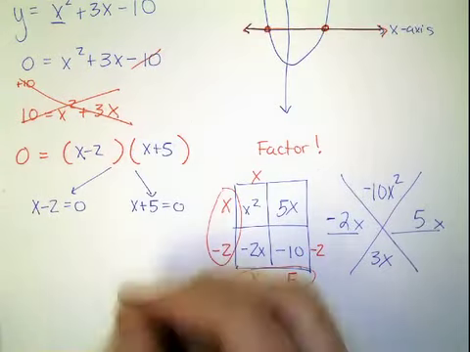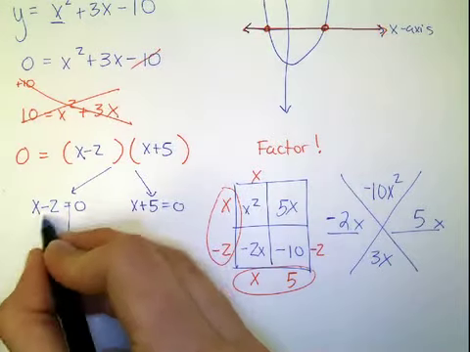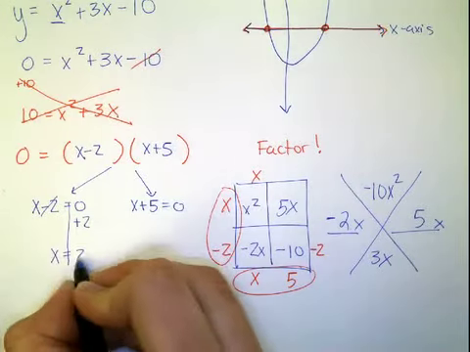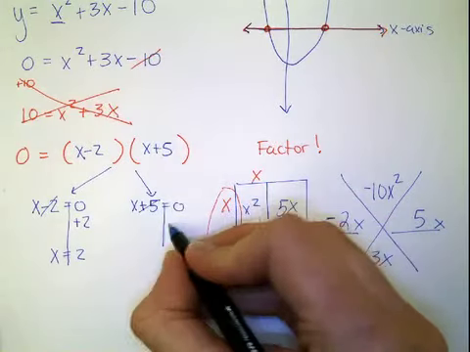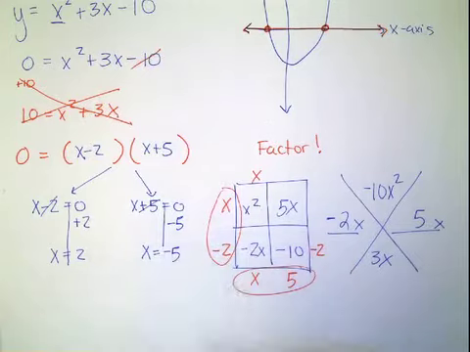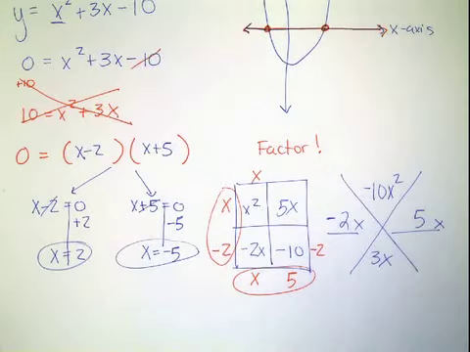So these are really easy equations to solve. If x minus 2 equals 0, then think about flipping the 2 over to a positive 2, adding it over to the other side, x would equal 2. If x plus 5 equals 0, think about subtracting the 5 over, making it x equals negative 5. You have two answers. You have x equals 2 and x equals negative 5.